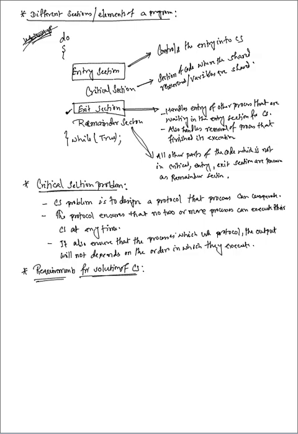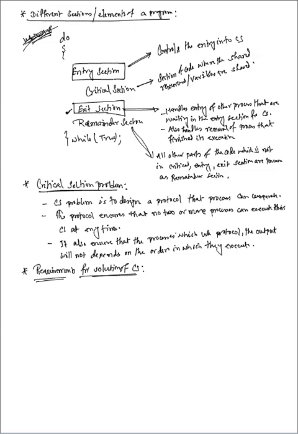So what will be the disadvantage if we are not following bounded waiting? If any solution is not following bounded waiting, then there is a possibility of starvation, because a low priority process is waiting for an indefinite time span.